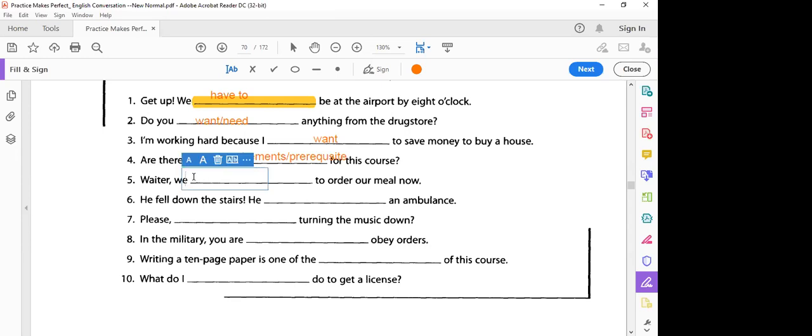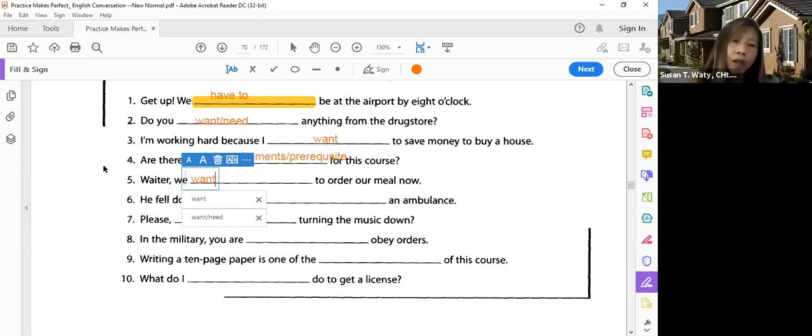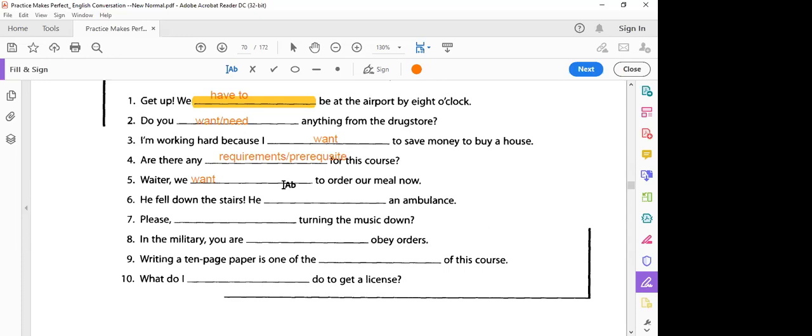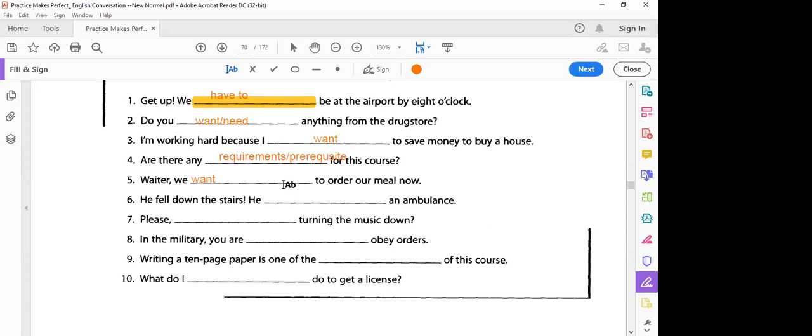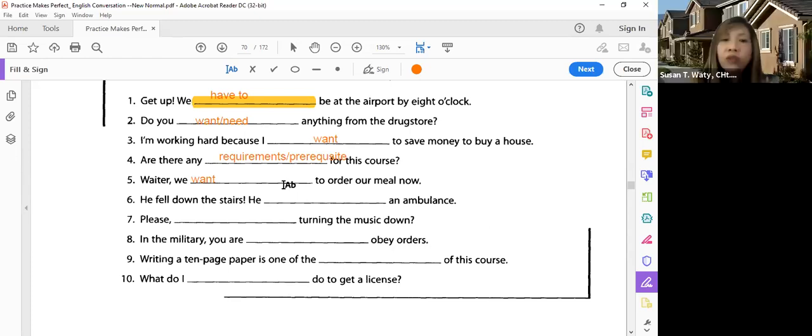We can do we need or we want. We need, no, yeah. When you order something, you don't use need. So waiter, we want to order our meal now. Another word for want is would like. Remember that? Okay, let me pull the would like. Give me 1 second. Okay, what page is that? Okay, 166.